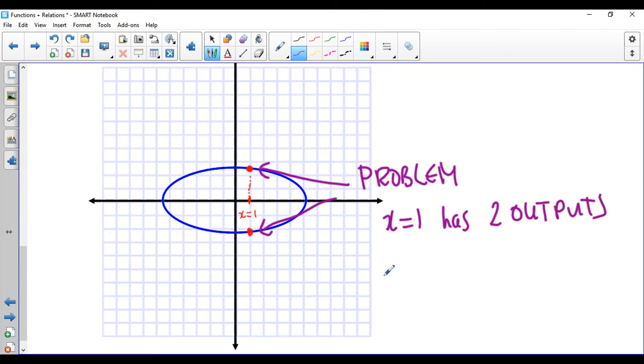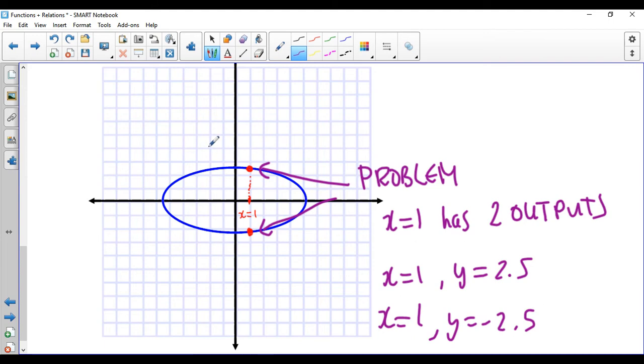When x equals 1, we get y equals, I don't know, we can say 2.5. But then when x equals 1, I also get a value of around the same thing, negative 2.5. So this type of shape, this ellipse, is not a function. Hopefully that makes sense.